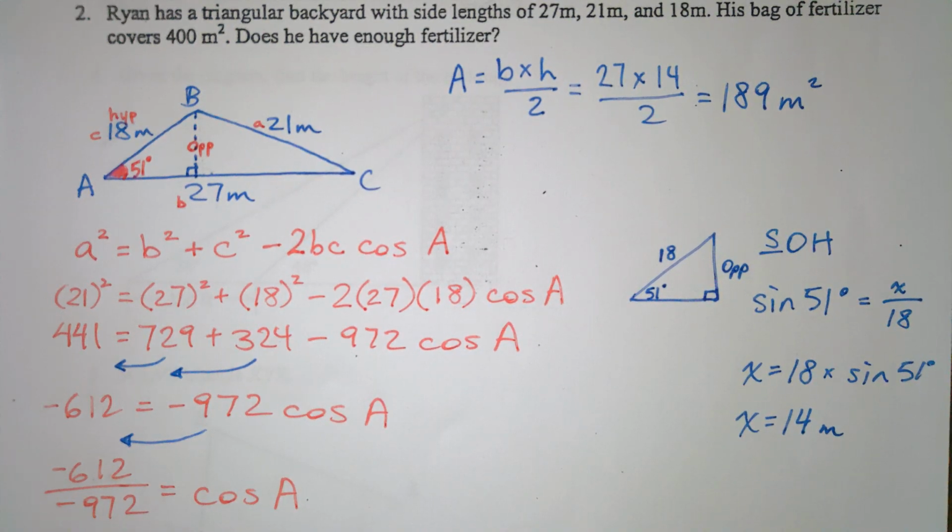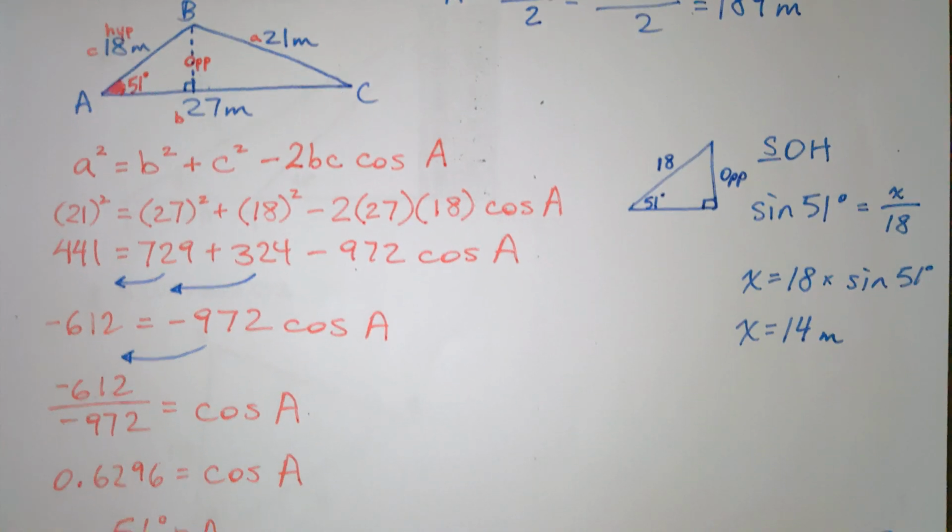In what type of triangle? In right angle triangles too, because 90 degrees is still an angle. So sine law and cosine law actually work on both non-right angle triangles and right angle triangles. But SOHCAHTOA only works on right angle triangles.